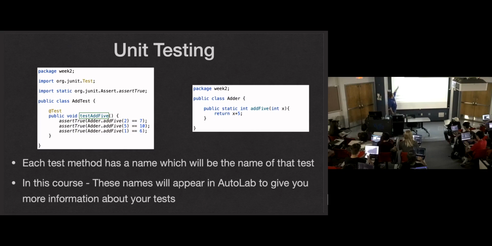So if you have multiple methods marked as tests, Autolab will give you separate feedback, which will help you identify which of your tests is causing the issue. So you're recommended to have more than one test here and give them meaningful names, so then your Autolab feedback will be more useful.